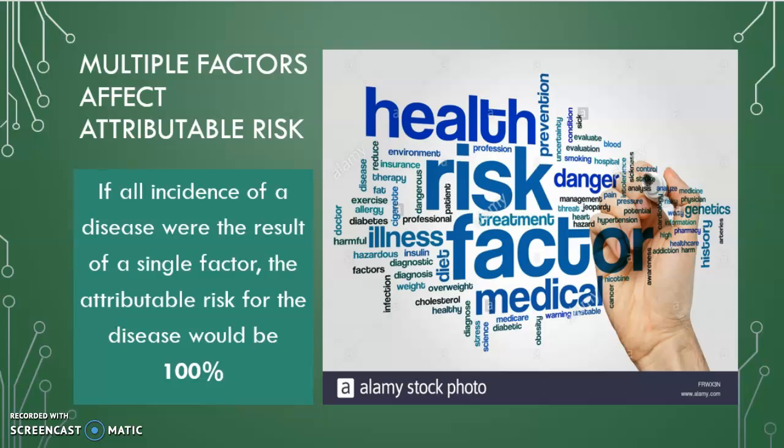However, we have to remember that multiple risk factors affect attributable risk. And if all incidents of a disease were the result of a single factor, then the attributable risk for the disease would be 100%. That risk is absolutely the cause of that disease, but in most cases, that is not the case. There are many different factors that can go into what causes an unwanted outcome to occur.